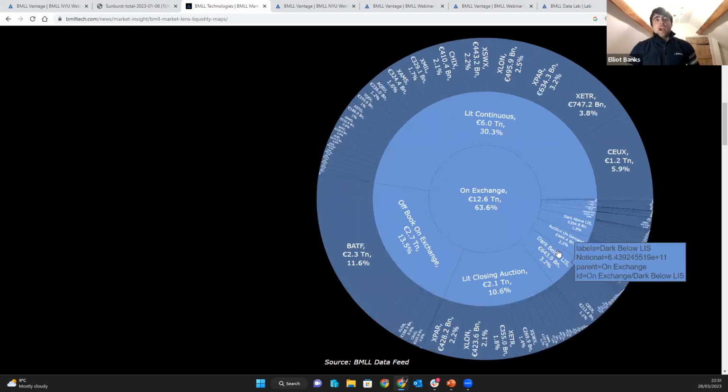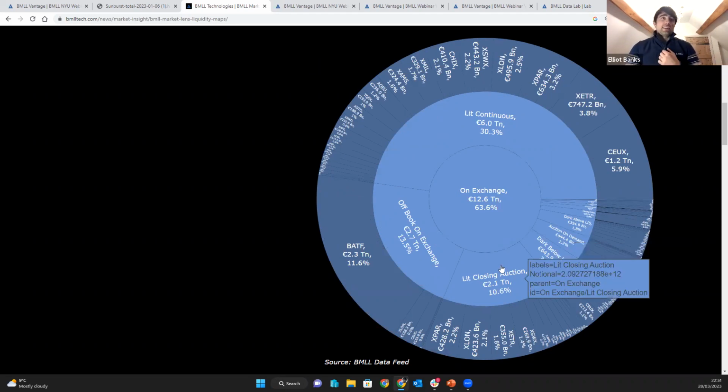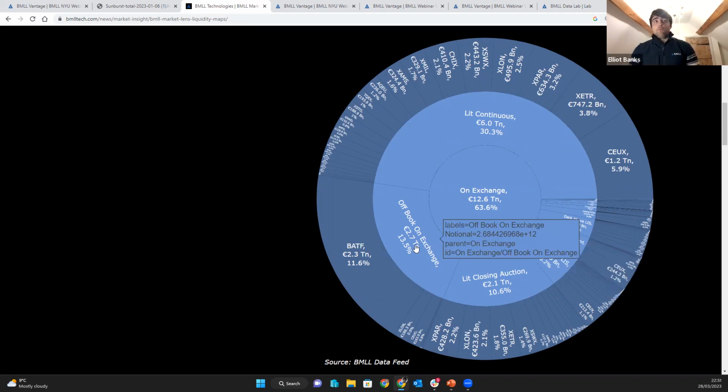For a start, we have dark pools which interact in Europe on reporting and trading into the exchanges themselves. The auction phase is pretty similar, but we also have this off-book on-exchange mechanism whereby trades happening in Europe might happen on an OTC basis, without being on the exchange, but under enough rules that they'll come and report themselves onto the exchange.